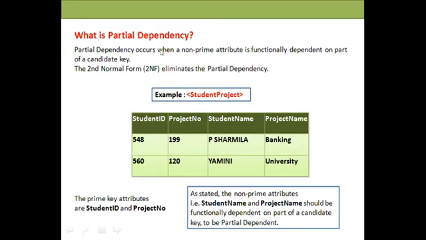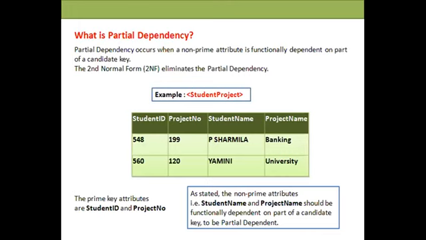Partial dependency occurs when a non-prime attribute is functionally dependent on part of a candidate key. Here a candidate key is a key which is a subset of the primary key. As I discussed earlier, there are primary key, foreign key, super key, alternate key. You can check my previous video about these keys.